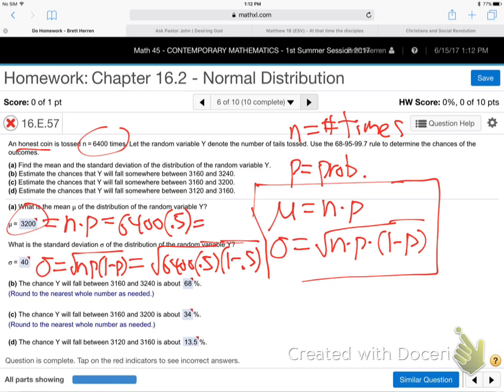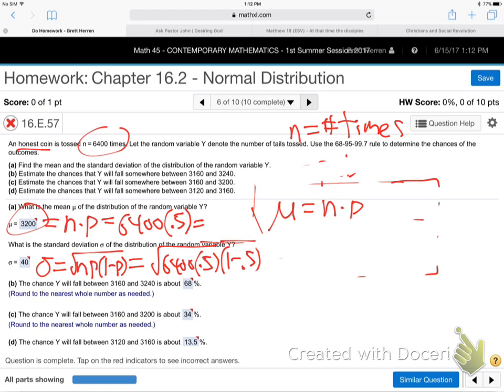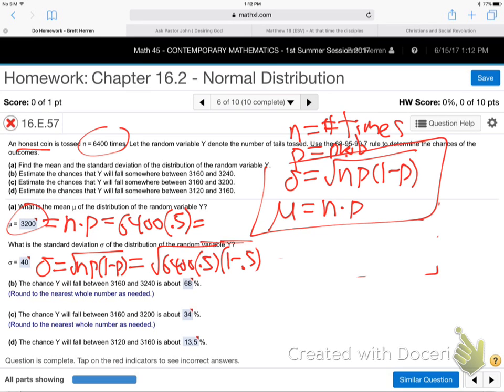I'm running out of room here, let me move this up. And so this is the square root of 6,400 times 0.5 times 0.5. And that must come out to be 40.